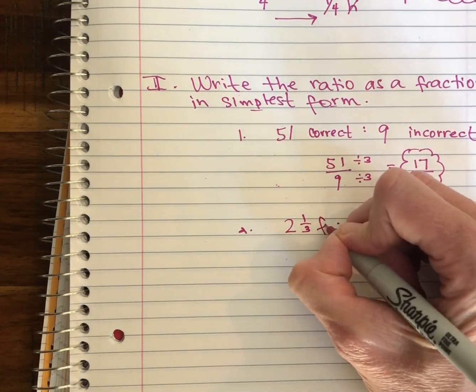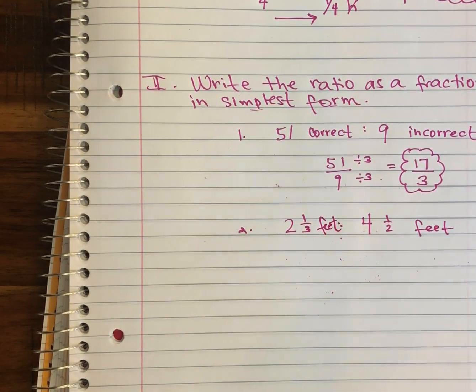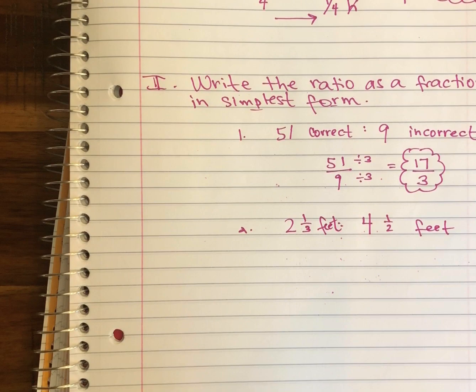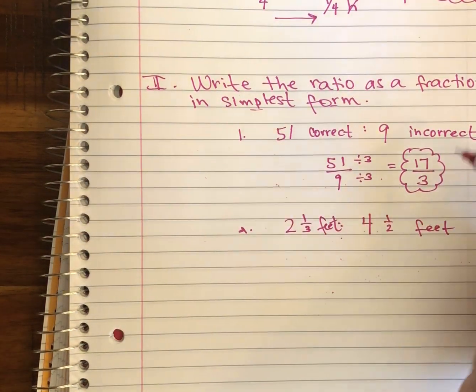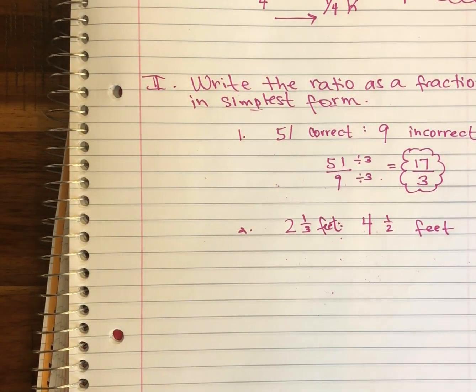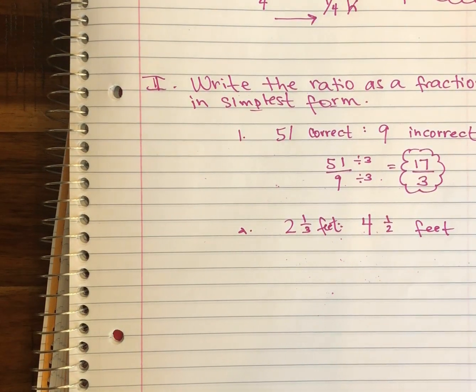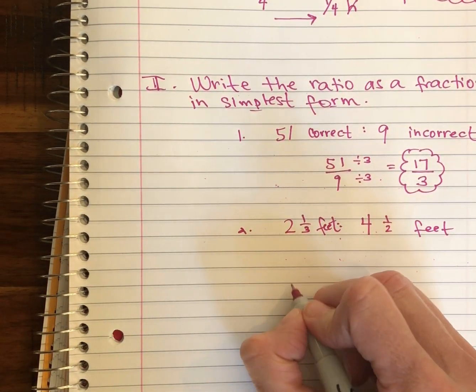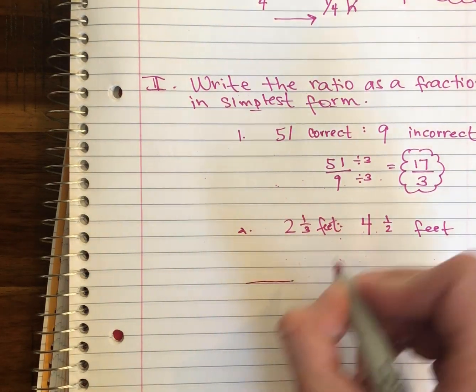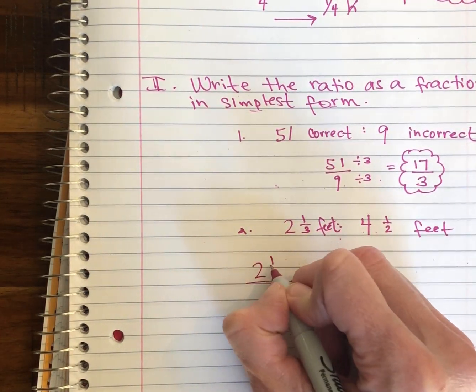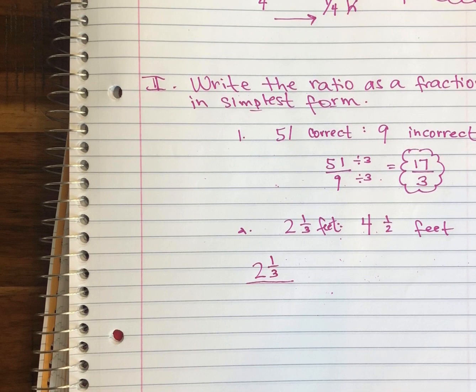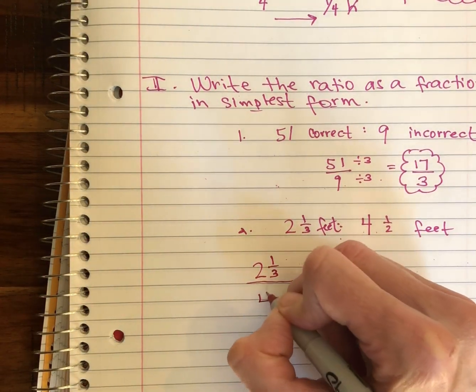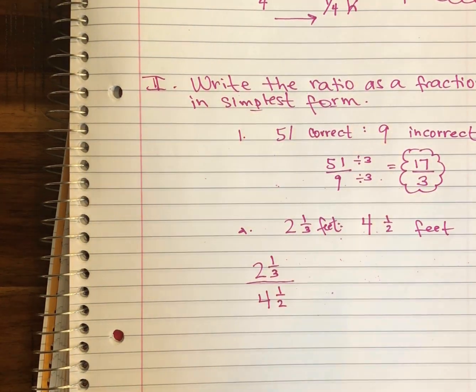Whoops, I should have put feet there. If we use the same idea and compare it as a fraction in simplest form, it's going to start out not very pretty. Remember, order matters: 2 1/3 compared to 4 1/2.